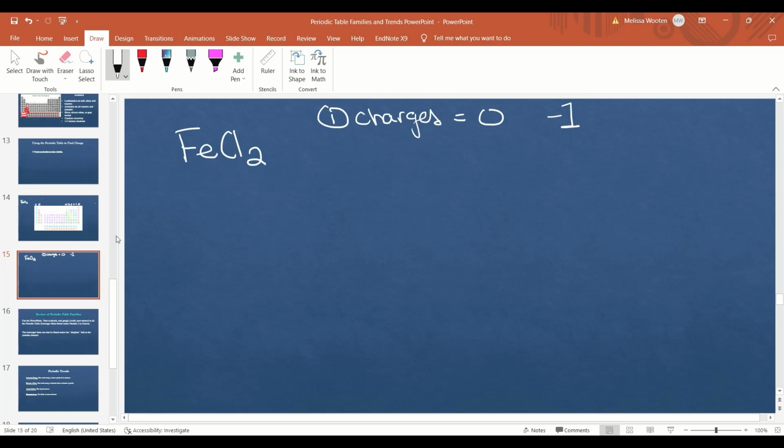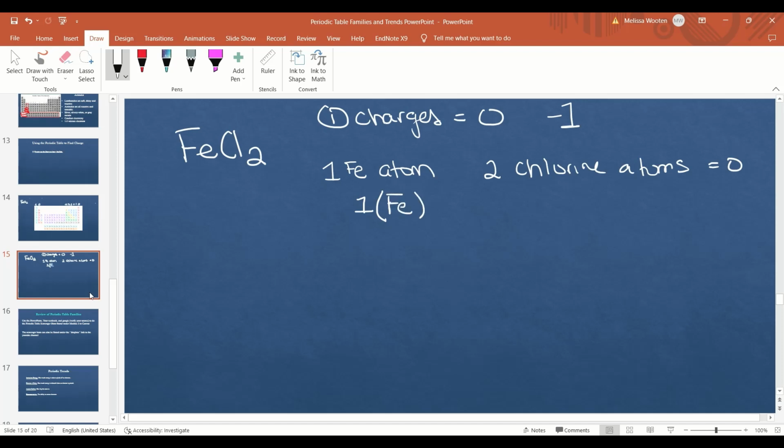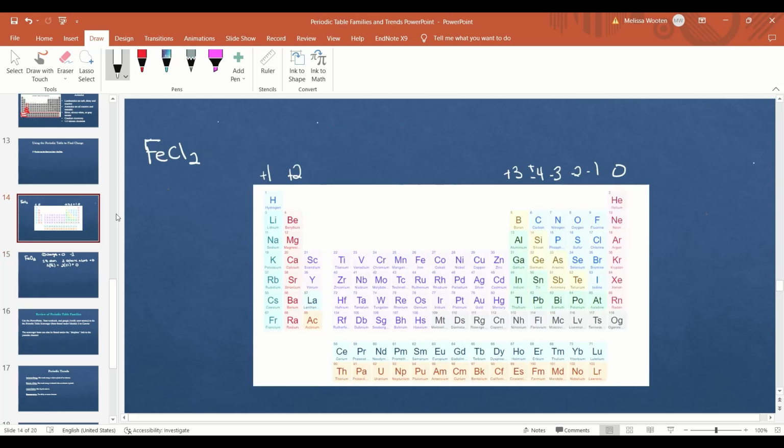So if it's FeCl2, for example, you have one Fe atom, one iron atom, okay, and you have 2 chlorine atoms, right? And that has to equal 0. And so I start off with putting 1 times the charge of Fe plus 2 times the charge of chlorine has to equal 0, right? But what's the charge of chlorine? -1, okay?